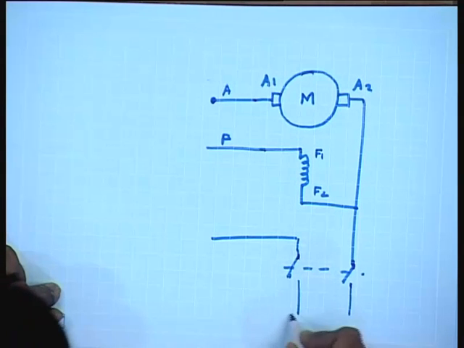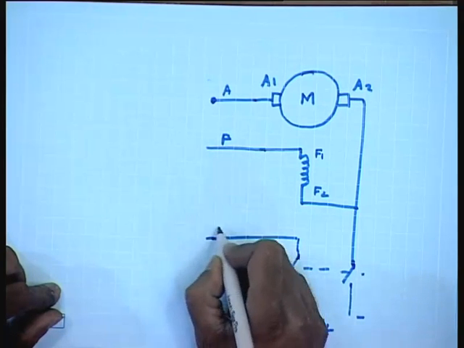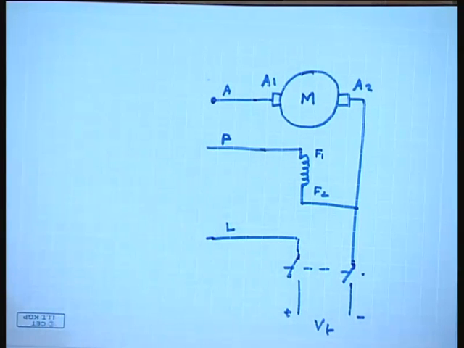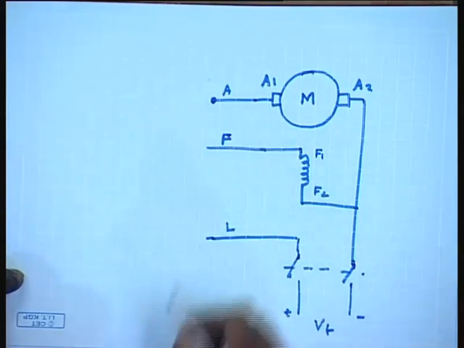This is the plus minus supply Vt. This is called the load terminal. These are the three terminals to which a starter is connected.